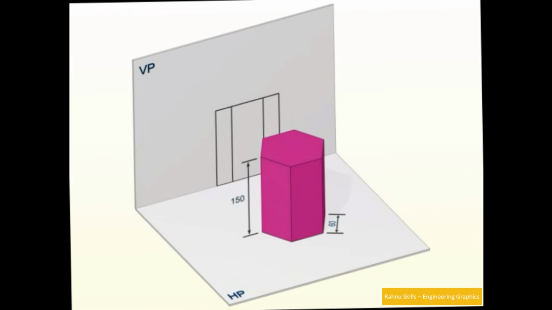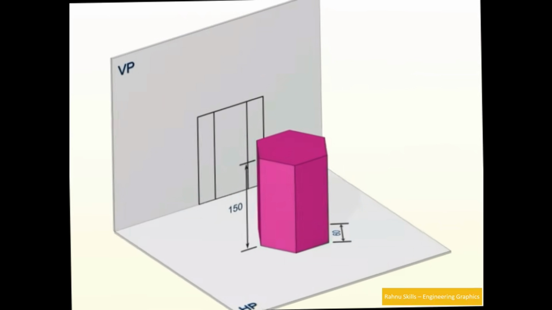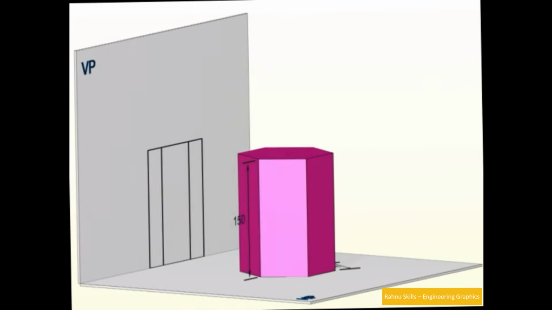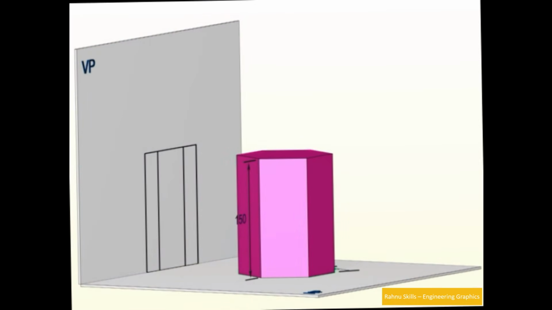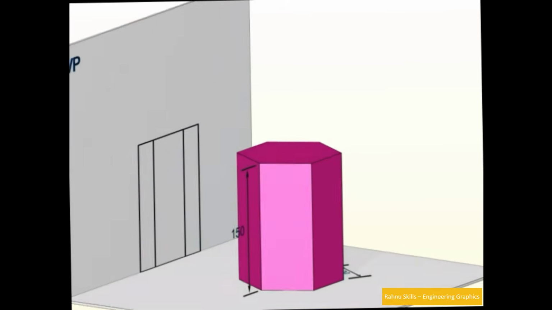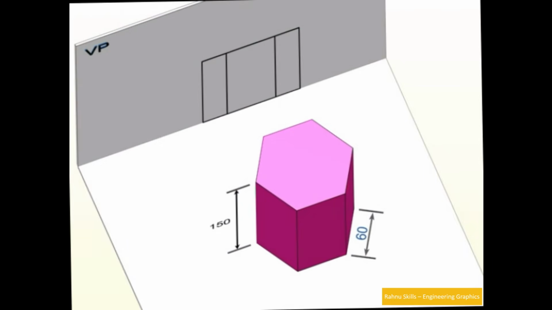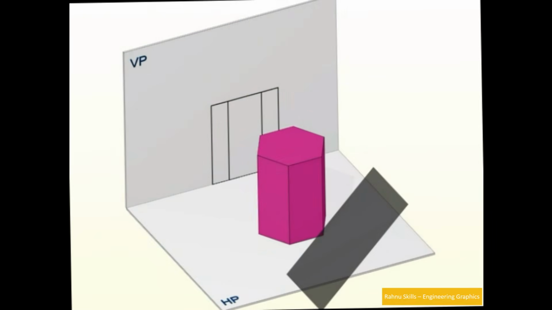We'll take one example. Let's say a hexagonal prism is there, the base edge is 60 and the height is 150. It is placed on HP on its base, with one base edge parallel to VP. So when it is placed on HP, you cannot see any gap from the front view to the XY line, so it has an arbitrary gap. In some questions it will be given, but if it is not, you can take any gap.